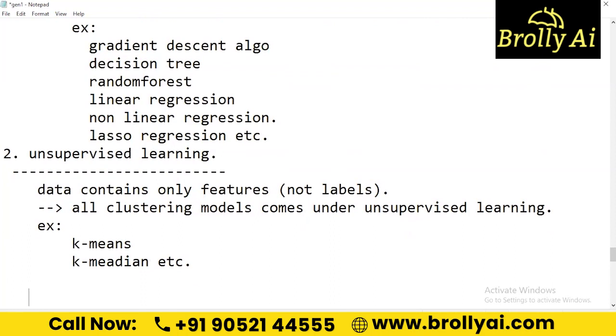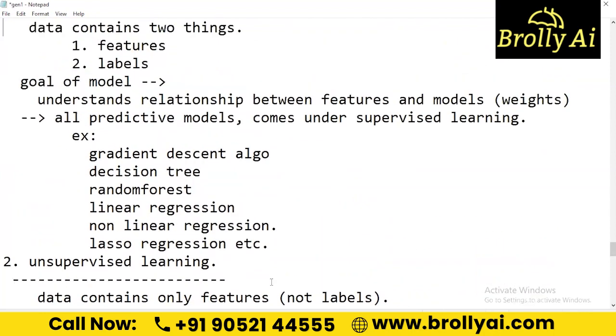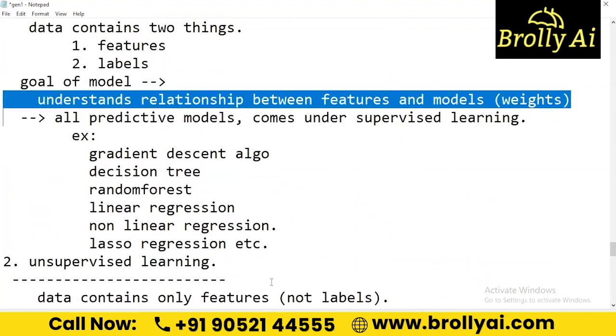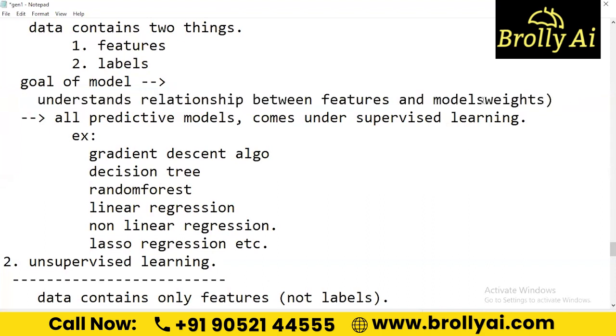Finally, what does the model learn? In supervised learning, the model learns the relationship between features and labels.